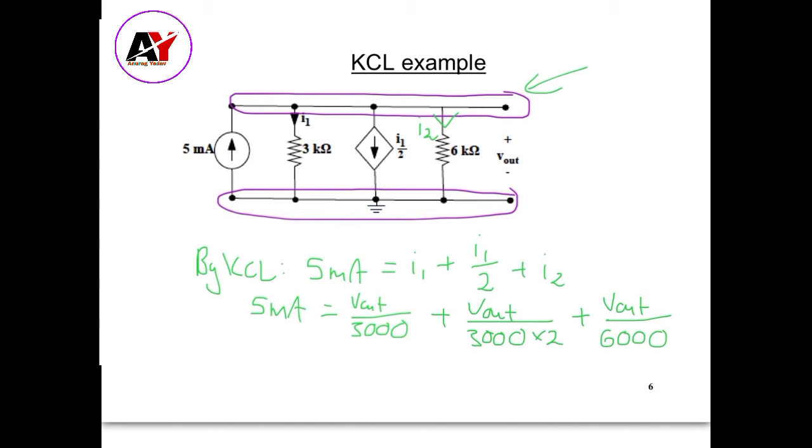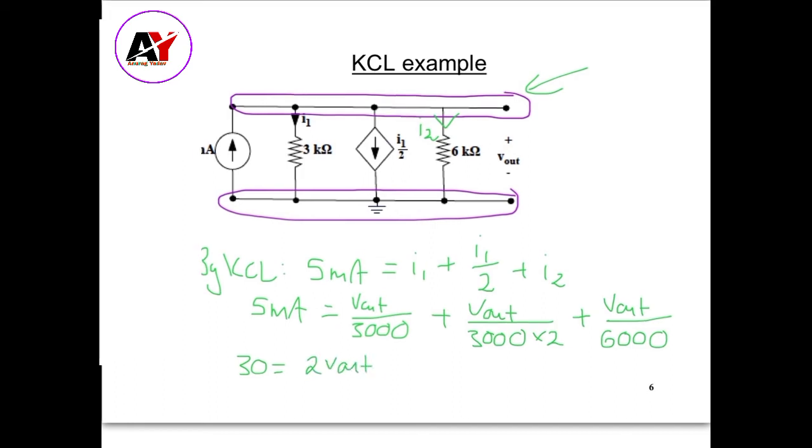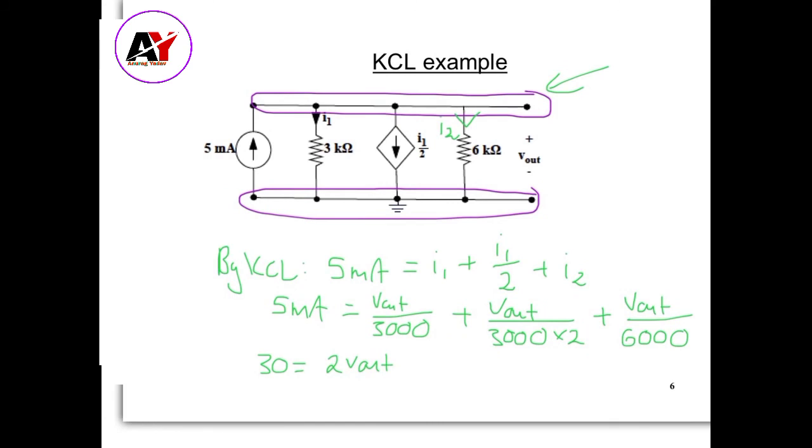And then if we multiply out by 6,000, we get 30 is equal to 2V out plus V out plus V out.